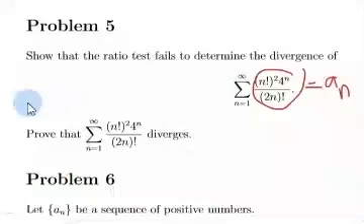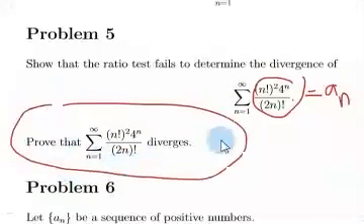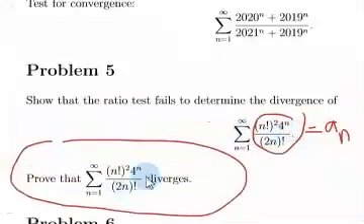Right, let's prove that this infinite series, this one here, is divergent. Here you have factorial n squared, everything squared, divided by factorial 2n. When you look at this term, you can write it in terms of binomial expansion.